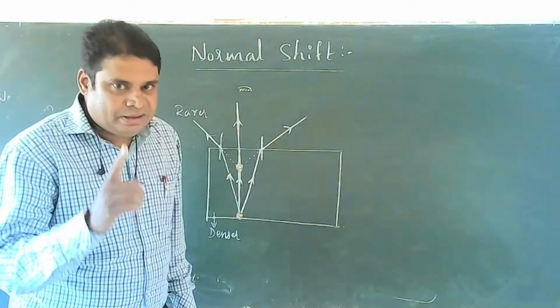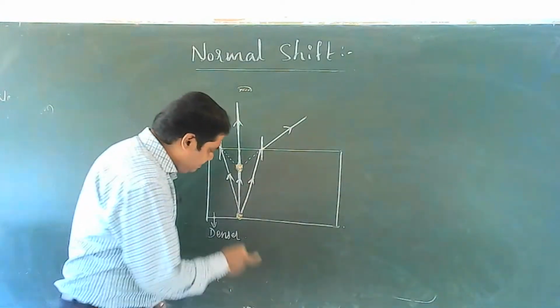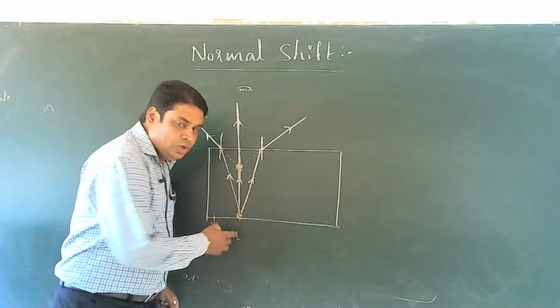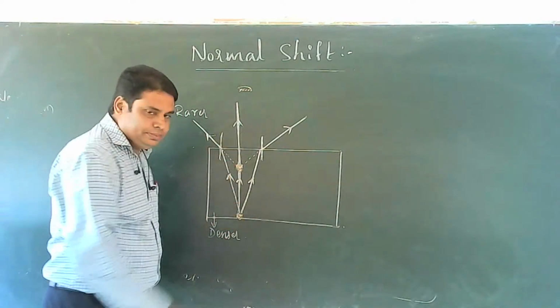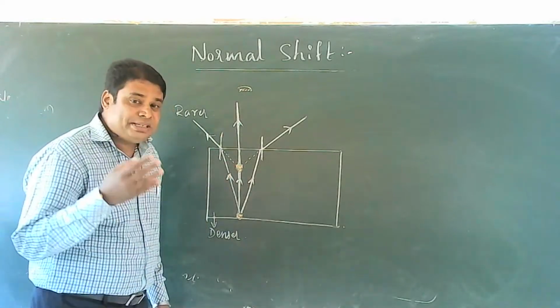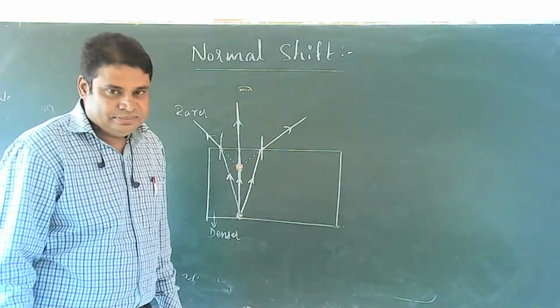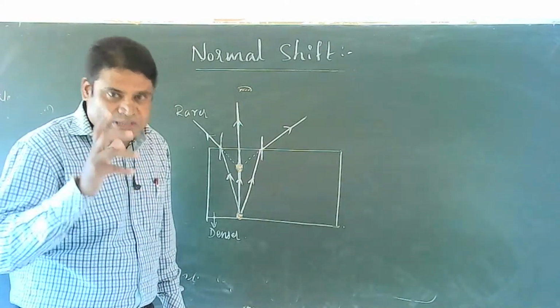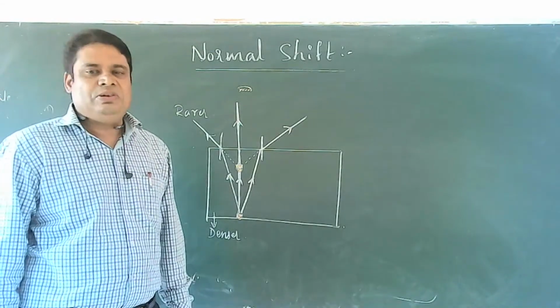What means normal shift? A normal shift is a phenomenon in which an object placed in some medium and observed from another medium seems to be raised up. There is a change in position of the object. This virtual shift in the position of the object is called normal shift.